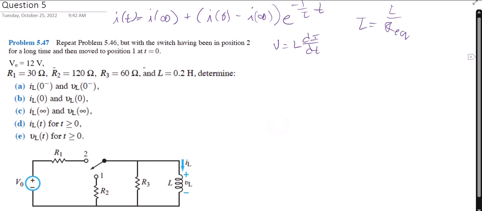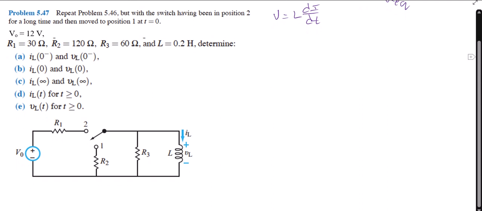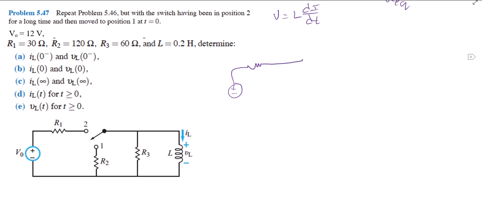So we were in position 2 for a long time. So let's draw that. Okay, so under DC conditions, an inductor acts as a short circuit.